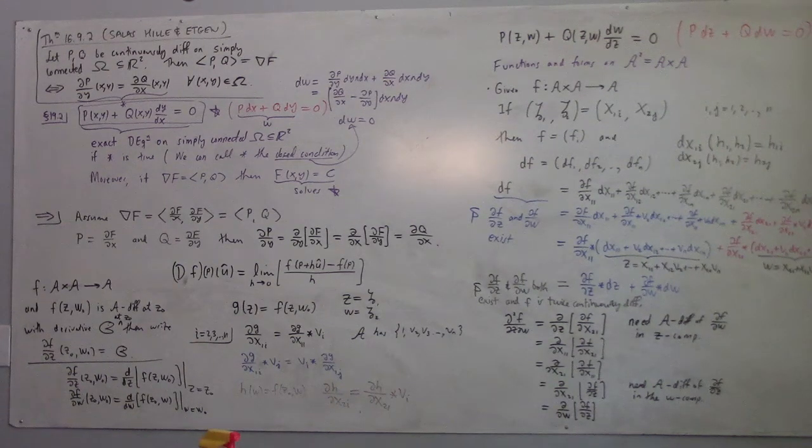Pedagogically, you could say, well, you're still not wrong to assume partial f, partial w, and partial f, partial z exist. I mean, they have to, but sometimes we try to state theorems with a minimal set of preconditions, and those may not be actually needed.